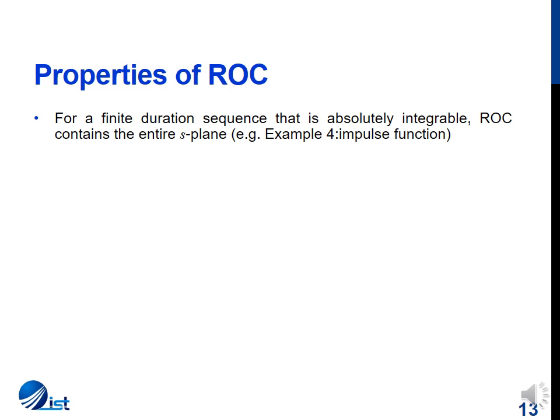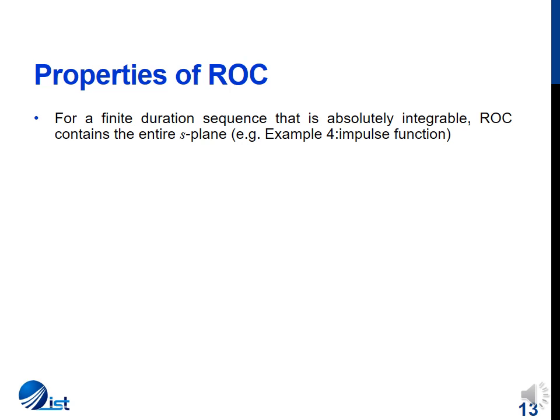For example, as we saw in the impulse function, the impulse is a finite duration signal, or a signal which has only a fixed number of points. And we saw that the Laplace transform was not a rational function, therefore it had no denominator, and it was not depending on S, and the ROC was the entire S plane.